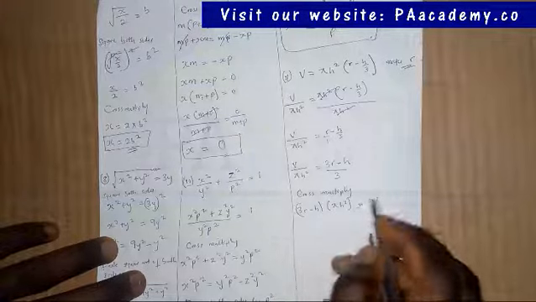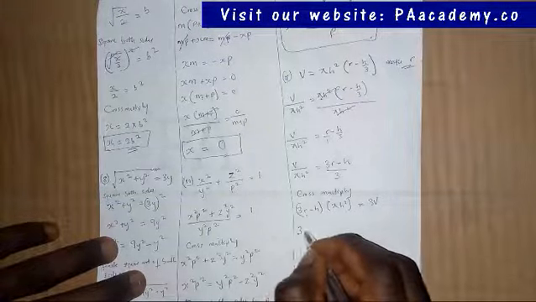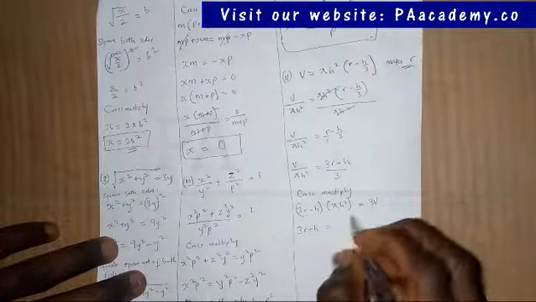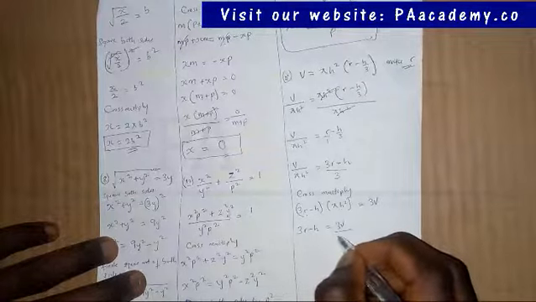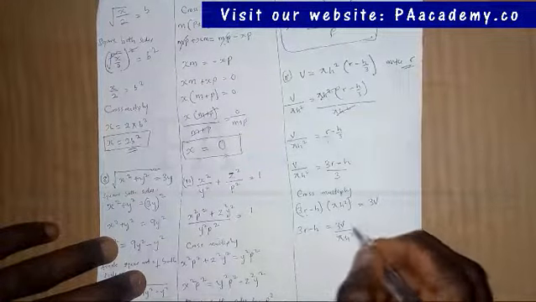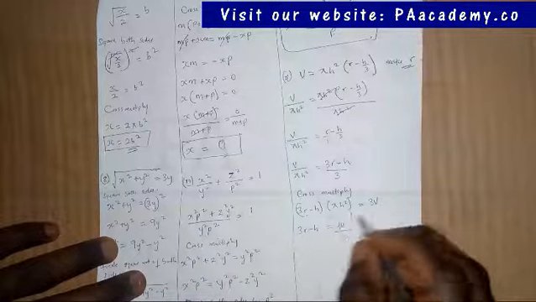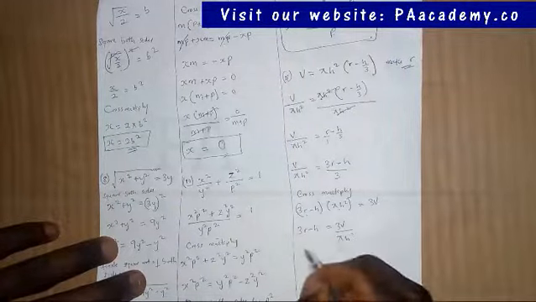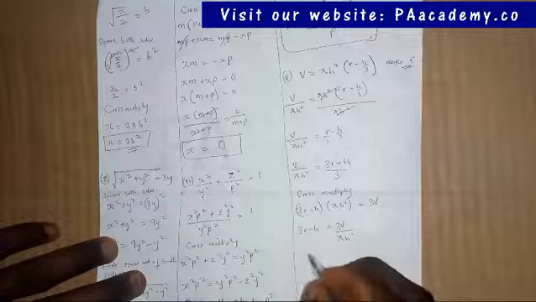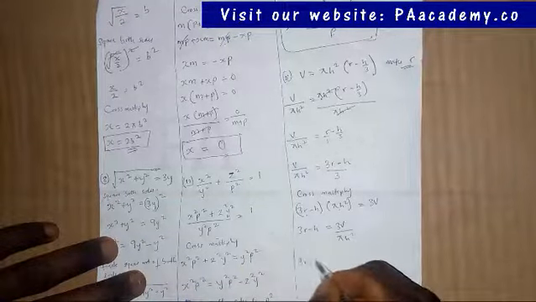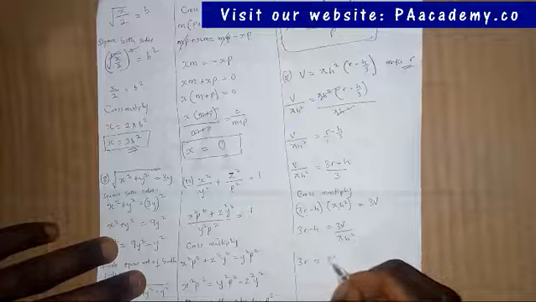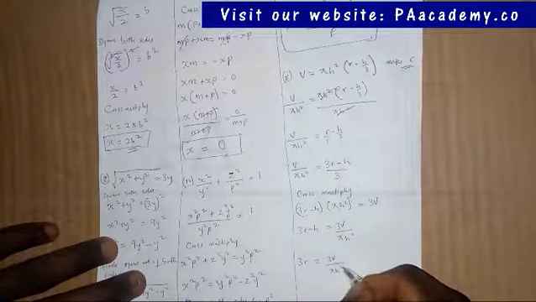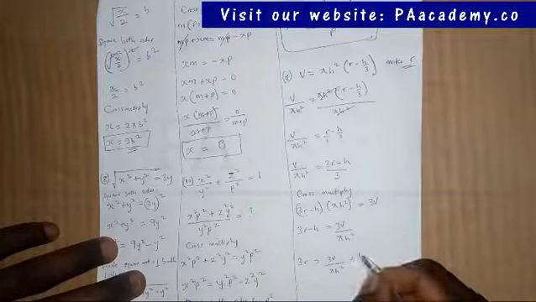So we have 3r minus h equals 3v over pi h squared. I've just skipped the writing that we divide both sides by pi h squared. Exactly. So now let's move this h to the other side. We are going to have 3r equals 3v over pi h squared plus h.